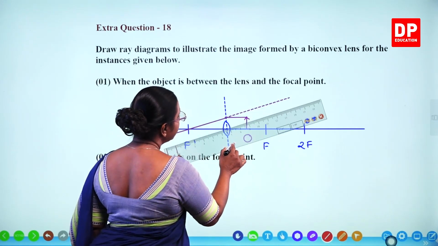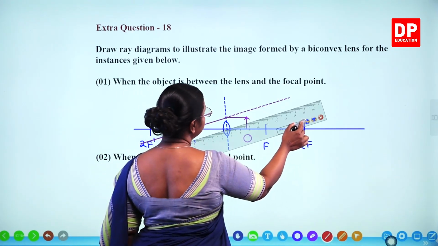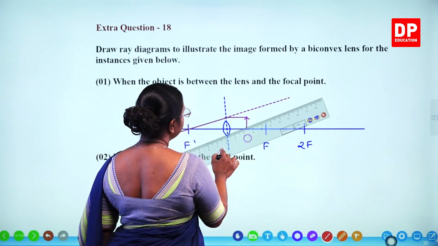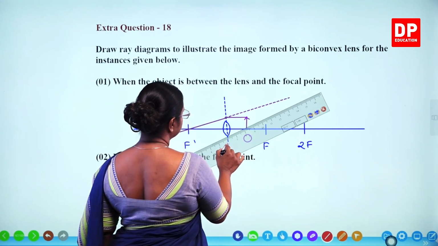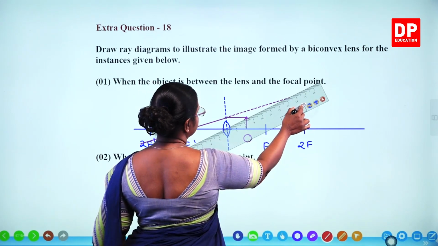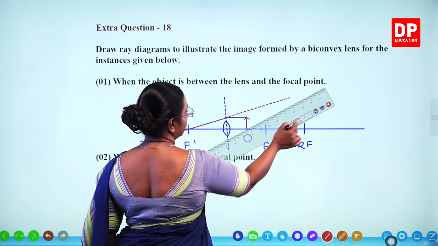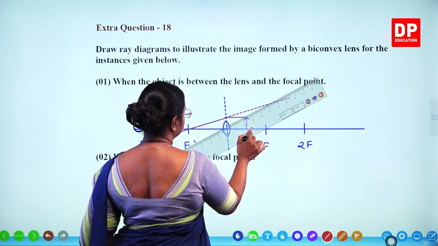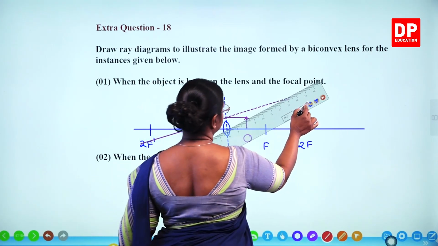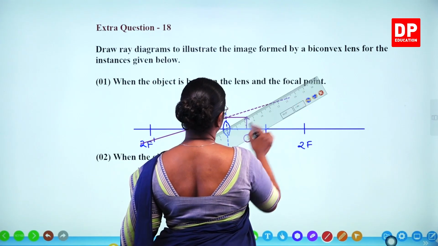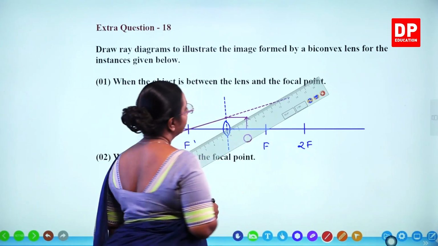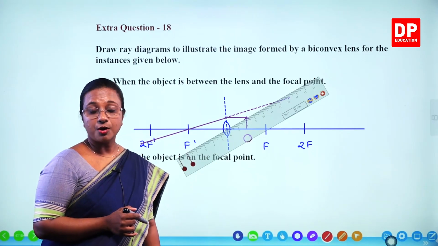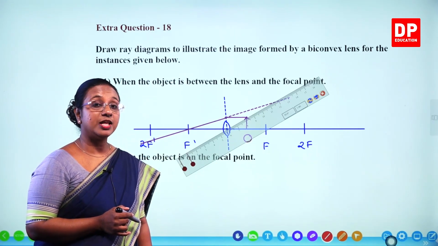And then a ray that is coming through the optical center, what will happen to that ray?